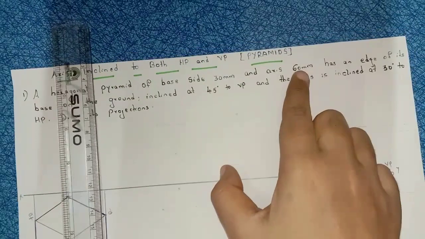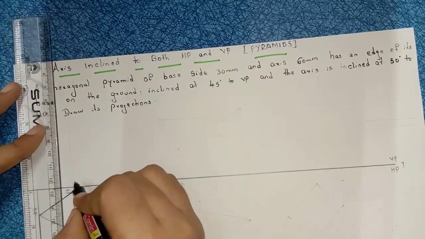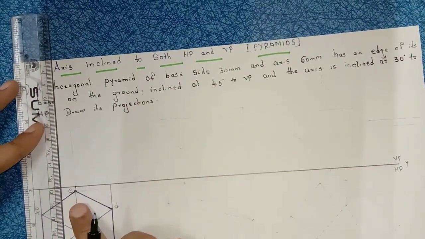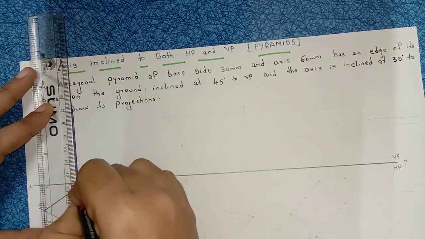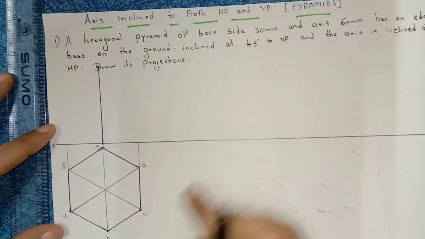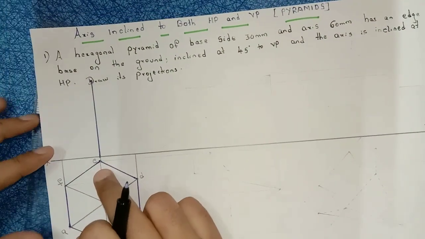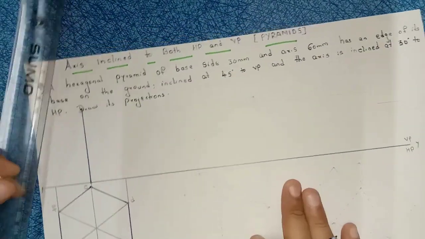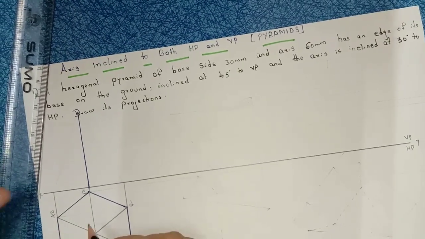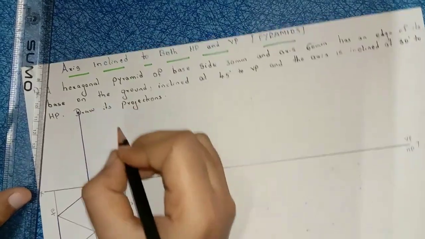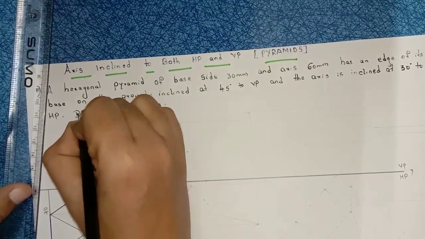Now, what is the axis height? 60 mm. From this point I will take 60 mm height and draw the axis line. These two corners meet at a point, so it will be a straight line here. I will name the midpoint of the hexagon as O, and this point as O dash.